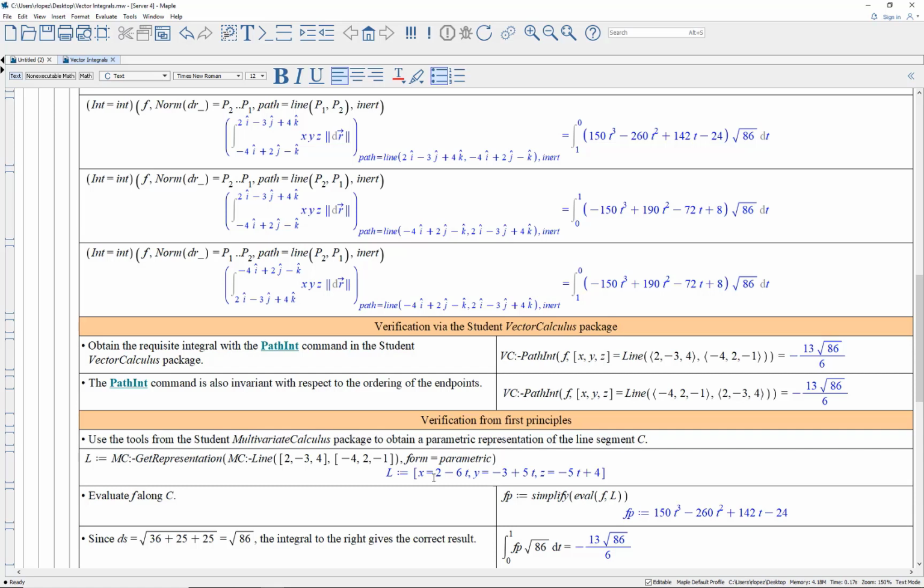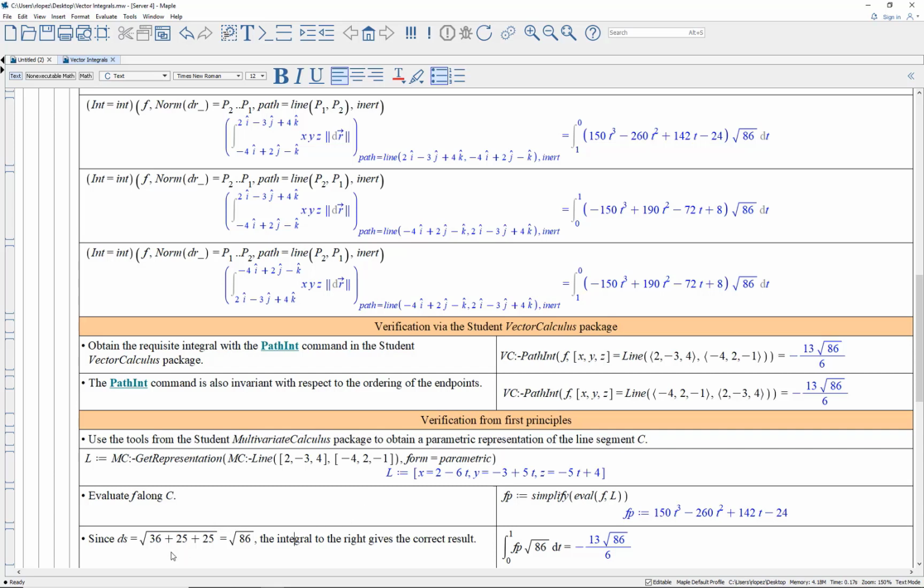I choose parametric. This parametric form is comparable to what the parameterized curve command produced. So the parameter goes from 0 to 1. You evaluate the scalar using these equations, and you get the integrand that you see up here, same integrand.